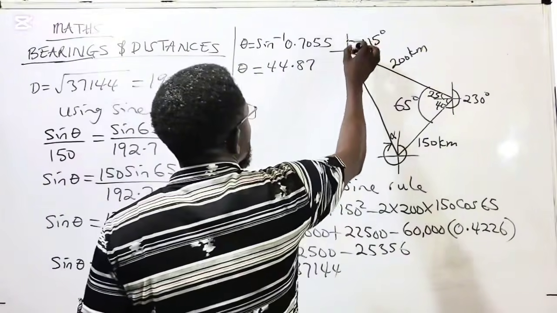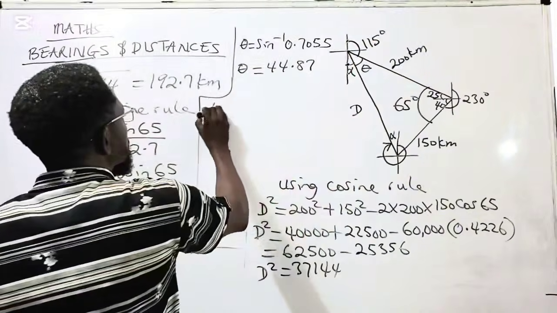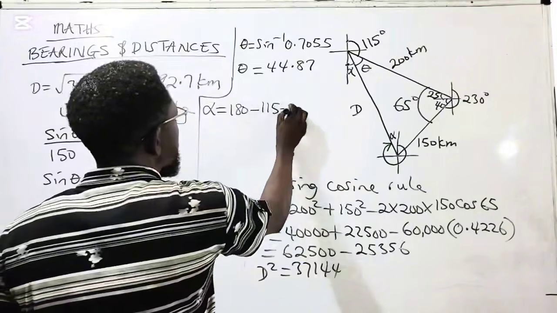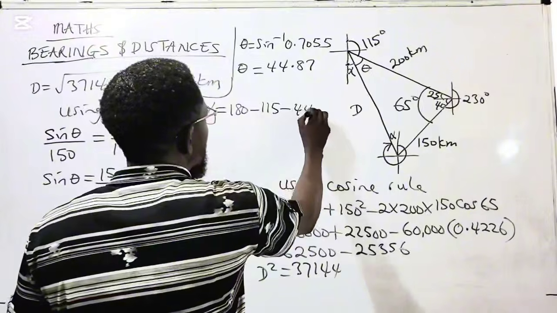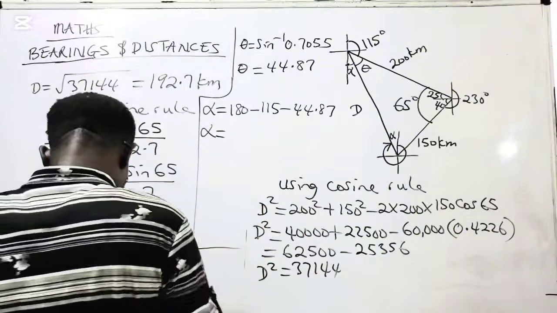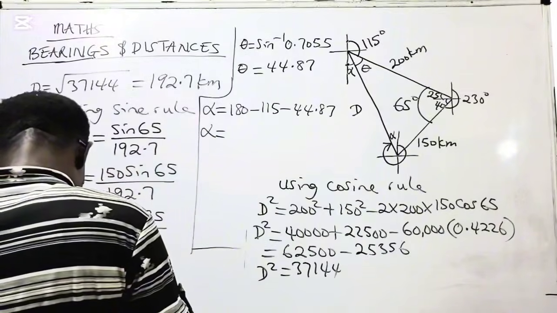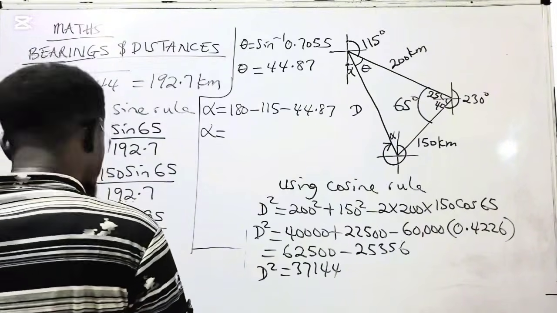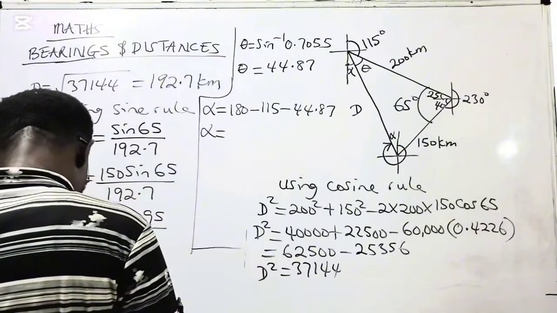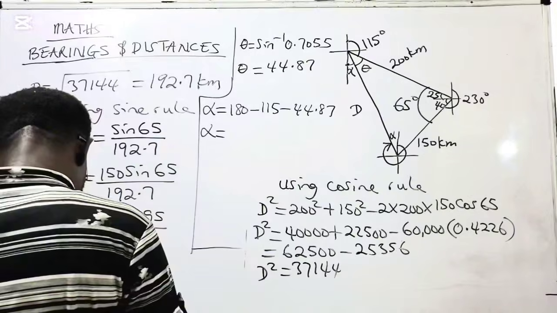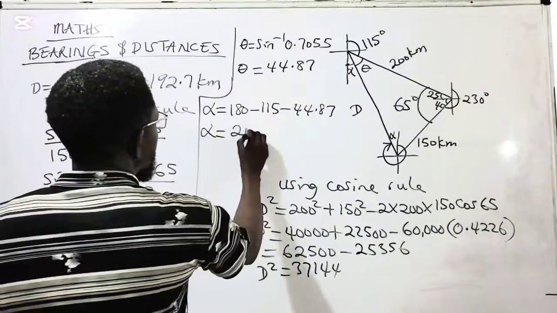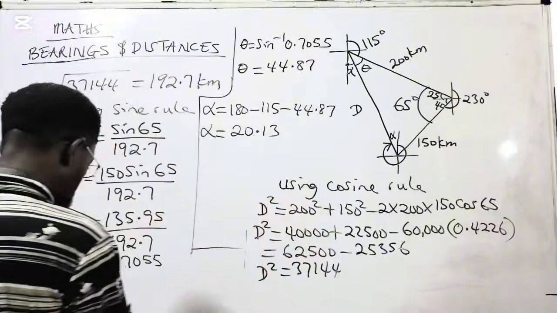Since from here to this point is 180, alpha will be 180 minus 115 minus 44.87. That'll be 20.13.